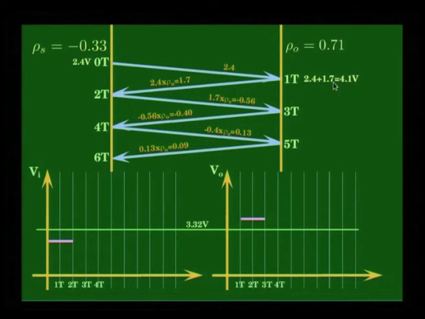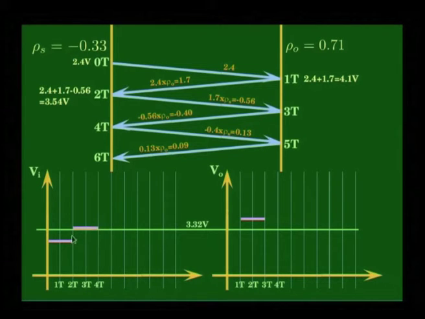Now, 1.7 volt out of it is traveling here. So, it has reached here after 2 t. So, after 2 t, 2.4 was already there, plus 1.7 minus 0.56, the algebraic sum of whatever is arriving and whatever is leaving, is 3.54.